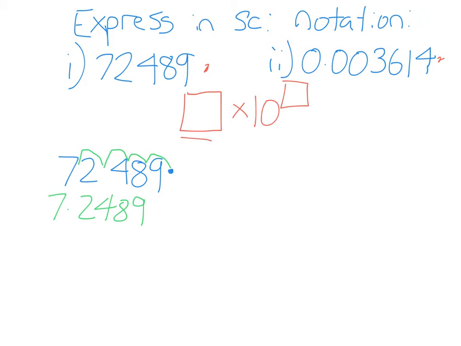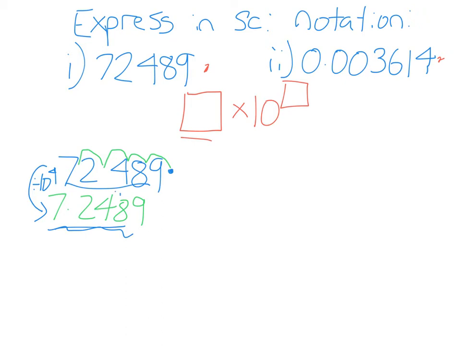Now, what did I have to do to get from here to here? What I did was I moved the decimal point 1, 2, 3, 4 spots to the left. So in other words, what I did was divide by 10 to the power of 4. So if I divided by 10 to the power of 4 to get from here to here, I want this still to be the same number, so I want to make this thing here into the same number as above.